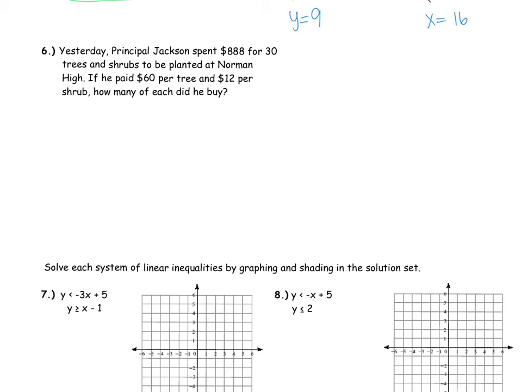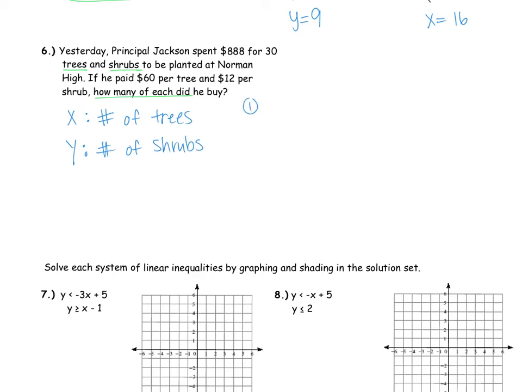We're trying to figure out how many of each did he buy. That's talking about how many trees and how many shrubs he bought. So my x could be number of trees, and my y can be number of shrubs.